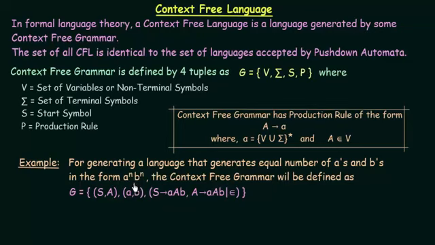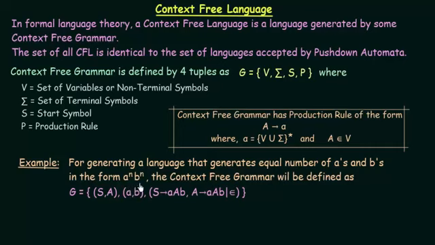And we already saw why it is not a regular language, because this cannot be designed using a finite state machine. Since this could not be designed using a finite state machine, we are studying context-free languages now, and context-free language, as I told you, is a higher level of language as compared to regular languages, and will be able to generate strings of this form. Okay, so we will see how this will be generated using context-free grammar.